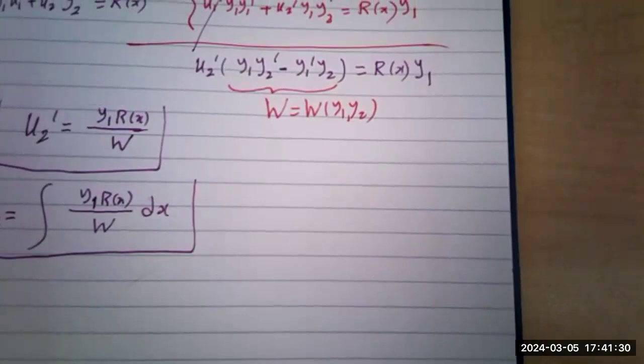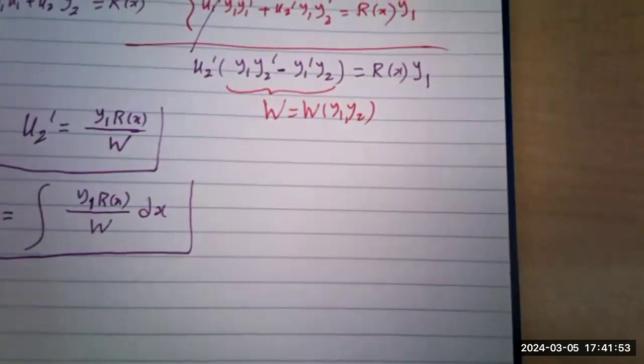So you already have y1 and y2. You find the Wronskian, form this integral carefully, and then find it. If this integral happens to be complicated, probably you missed the p of x. In all those famous problems, the y double prime coefficient is not 1. It's something else, x squared, x cubed. So make sure you do it.